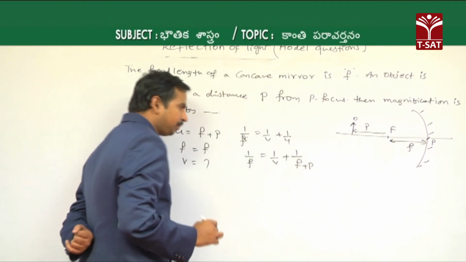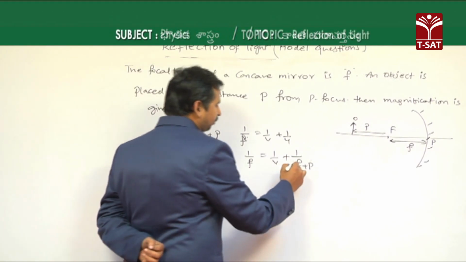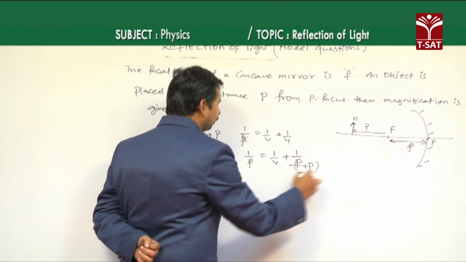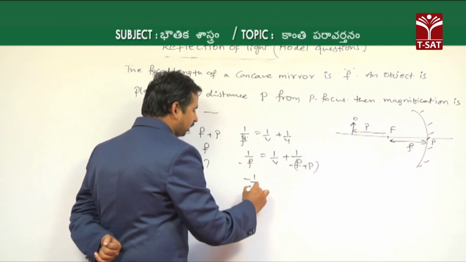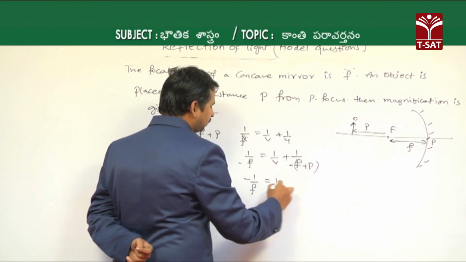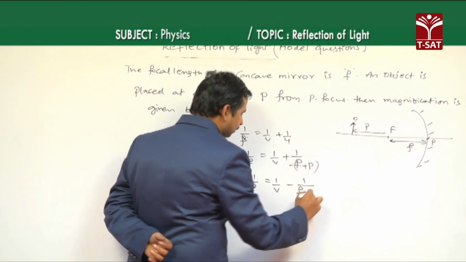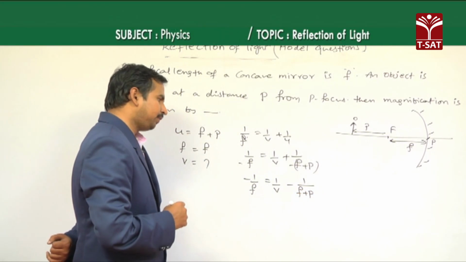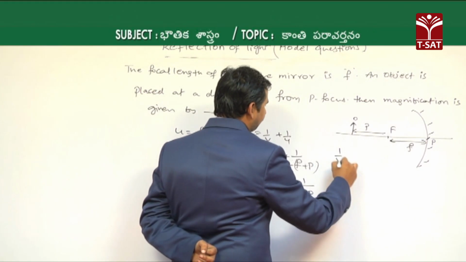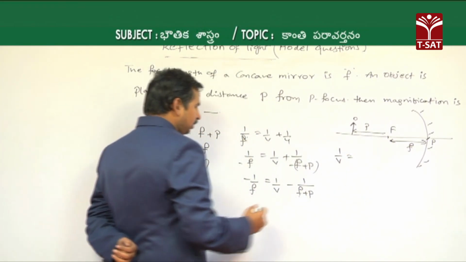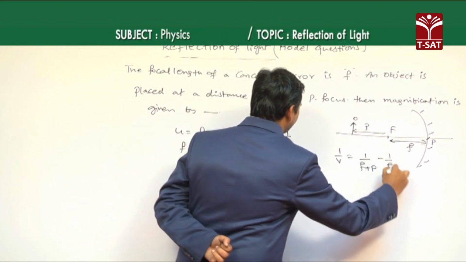Substituting the sign convention, the object distance is minus, and for the focal length, as it is concave, we also have minus, so it becomes minus 1 by f is equal to 1 by v minus 1 by f plus p. Then we need the 1 by v value, so bring 1 by f plus p to the other side, and 1 by v is equal to minus 1 by f plus 1 by f plus p.